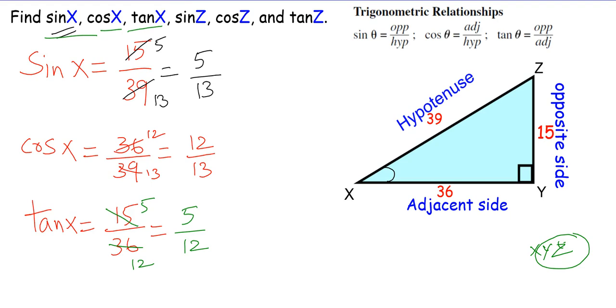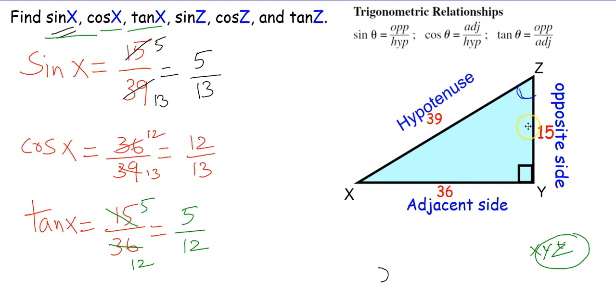But the angle of reference moves from x to z. So this is the reference angle for me now. For this angle, you already have the hypotenuse. What is the adjacent side? Your adjacent side is YZ, not XY.